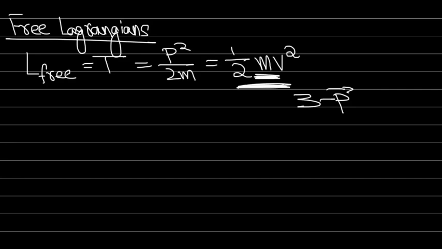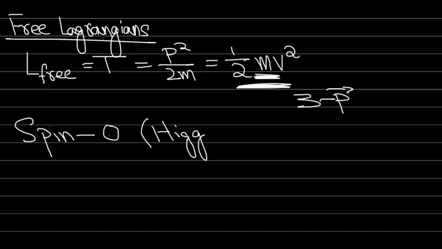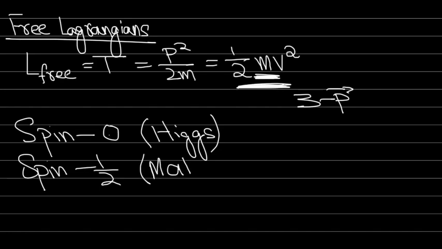Now, fortunately for us, we only have 3 cases that we have to consider. The first one is the spin 0 case, which is of the Higgs field. Then we have what is called a spin half field, which is going to be for the matter, so matter are spin half particles.